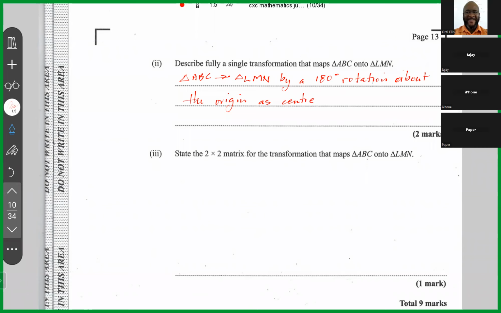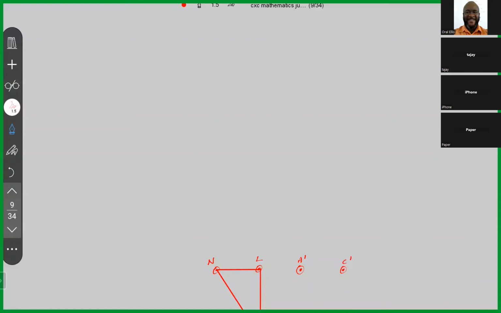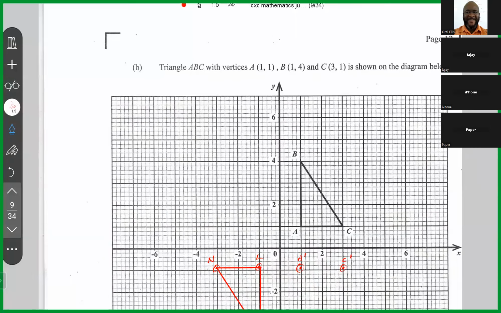Next, we're asked to state the 2x2 matrix for the transformation that maps triangle ABC onto LMN. All right, one way to do that is to first look at what happened to the points.